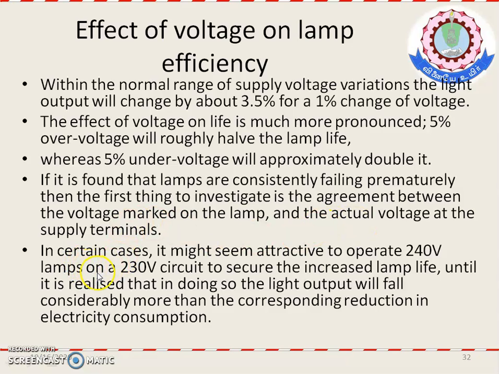In certain cases, it might seem attractive to operate 240 volt lamps on a 230 volt circuit to secure increased lamp life, until it is realized that doing so, the light output will fall considerably more than the corresponding reduction in electricity consumption. So you just go through it.